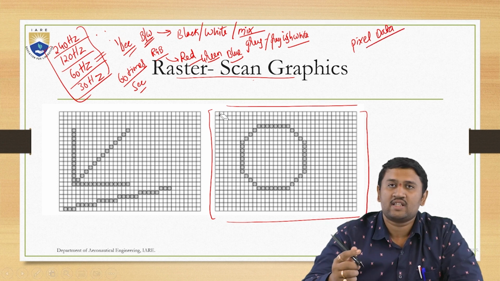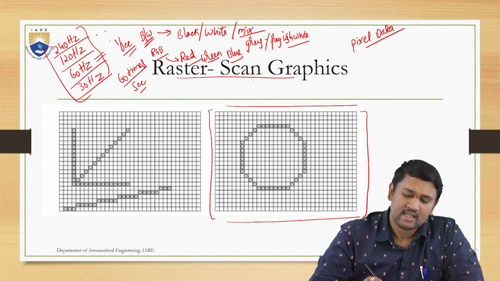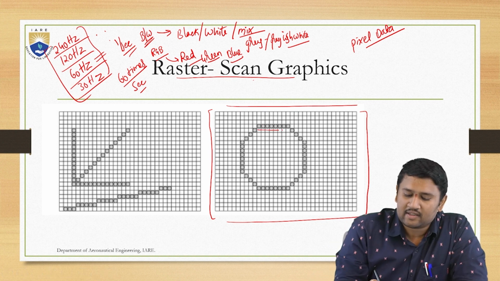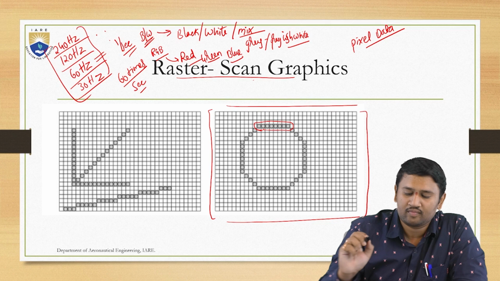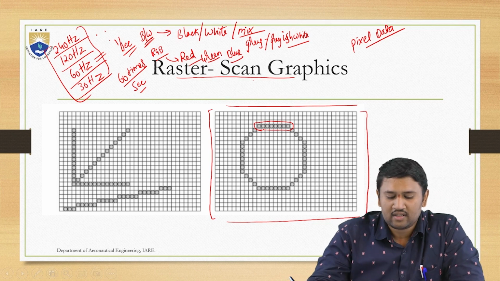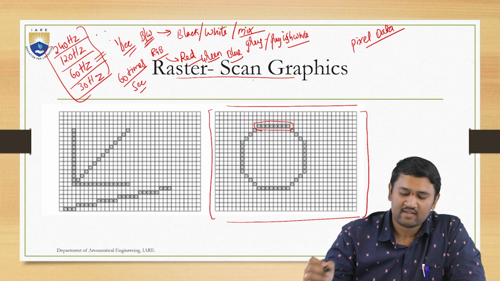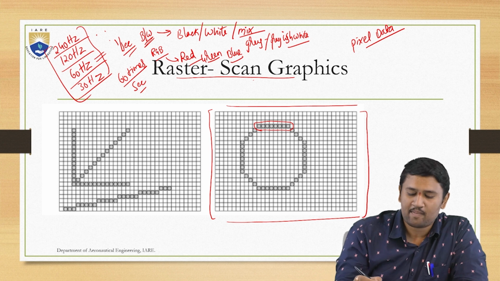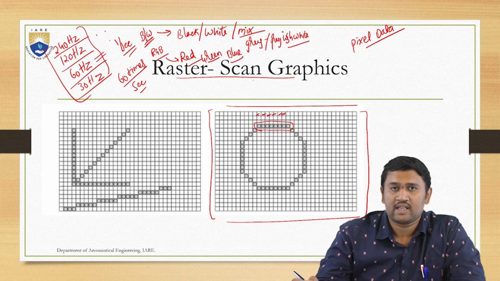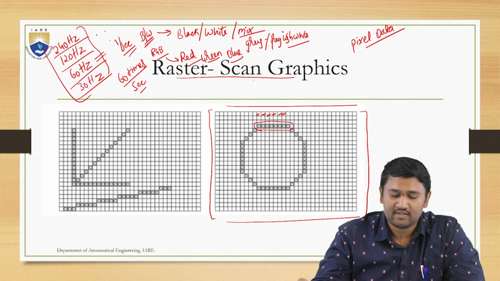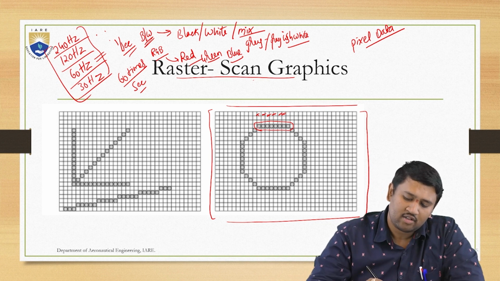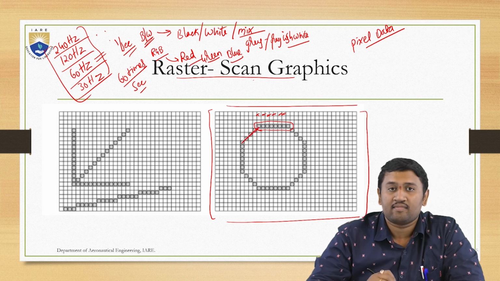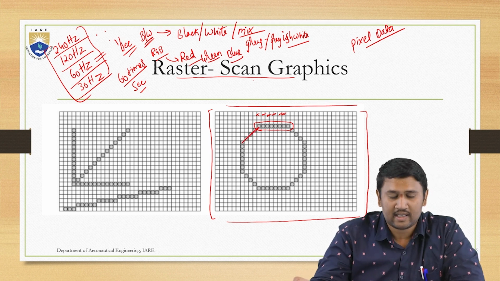Now, based on this pixel data, if you want to form a line, you will get a straight line by illuminating a pixel one after the other, right? In some cases, if you want to create a curve, at that time you will be creating an inclined line based on your pixel densities again, right?